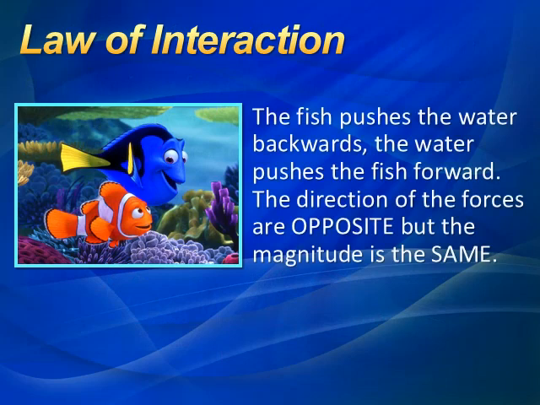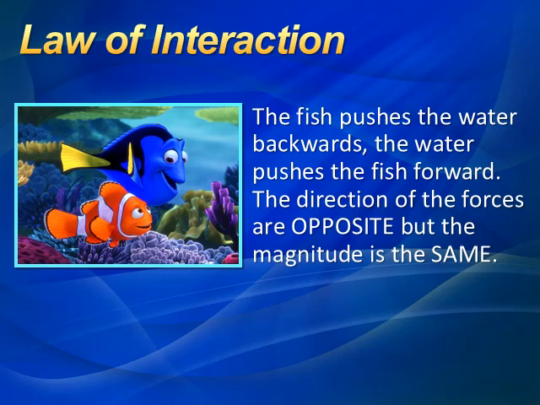Okay, so for example here, the fish pushes the water backwards and the water pushes the fish forward. So kung gaano kalakas yung force exerted by the fish on the water, ganun din yung same force exerted by the water on the fish. So the direction of the forces are opposite, but the magnitude is the same. So, mapapansin natin ito actually pag nagsiswimming tayo. Di ba pag nagsiswimming tayo forward, ano kailangan natin gawin? Kailangan natin i-push yung water backwards.